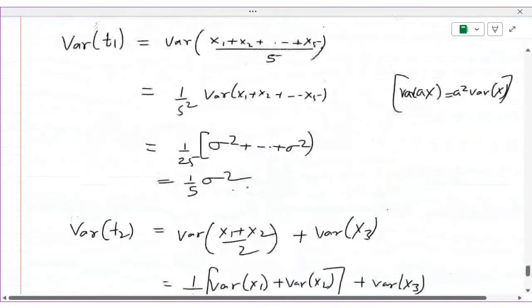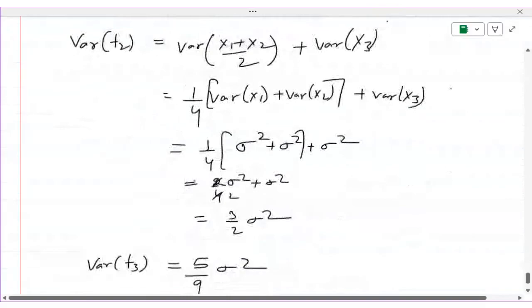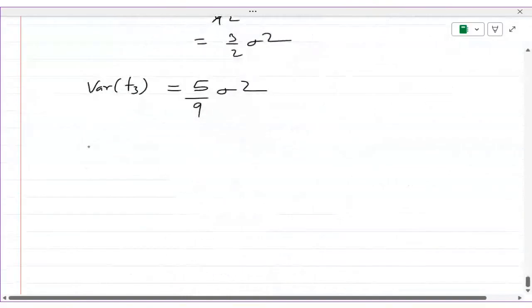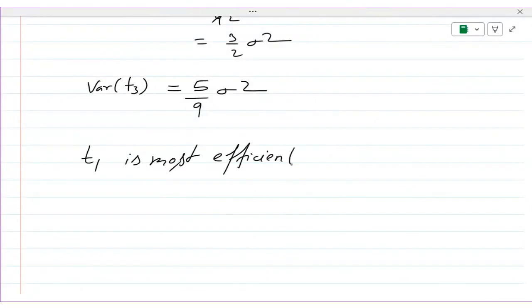The smallest one is this one, 1 by 5. 1 by 5 is smallest, so T1 is the most efficient estimator. By the way, T1 is consistent also because it is the sample mean. Sample mean is always consistent. Okay.